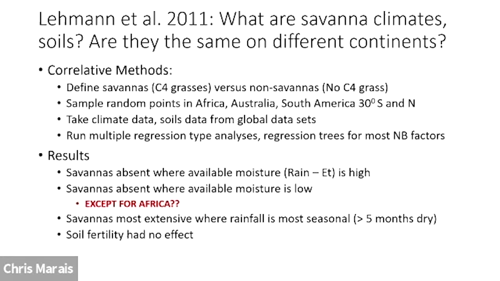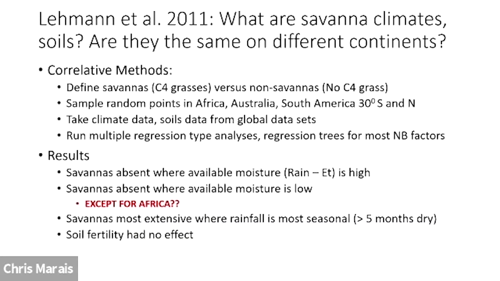We threw down random points in Africa, Australia, and South America, and we took climate data from global climate and soils databases, and then we ran the standard analyses, multiple regression type analyses, regression trees, lots and lots of fancy statistics that I'm sure many of you are learning about.